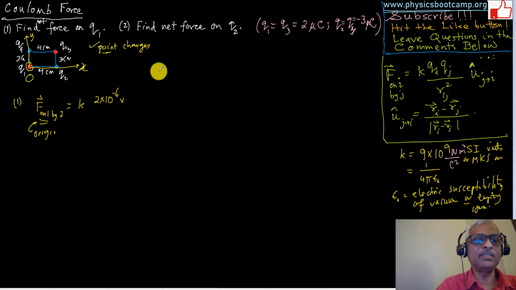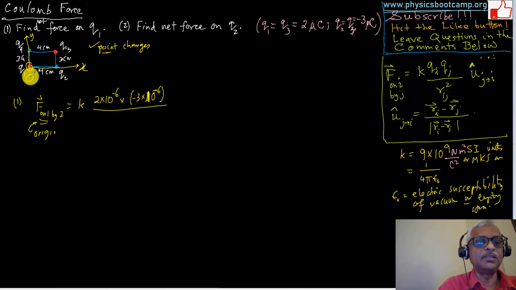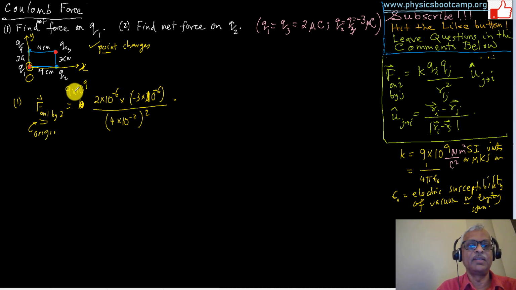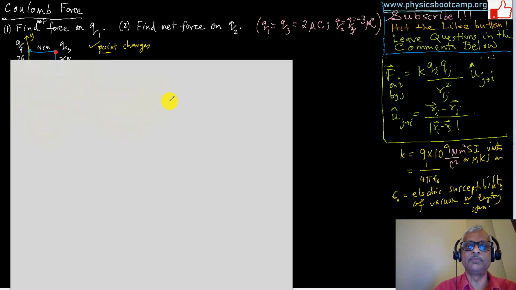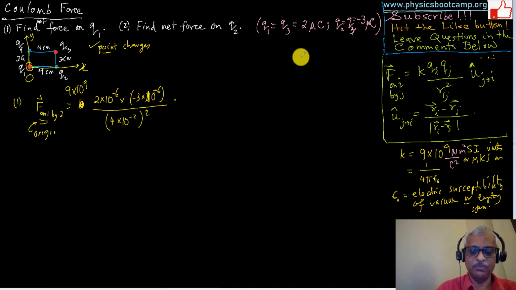Q2 is minus 3 times 10 to the power minus 6, and the distance between them is 4 centimeters, squared, so 4 times 10 to the minus 2, squared, and let's make it 9 times 10 to the power 9. So this is F on 1 by 2.